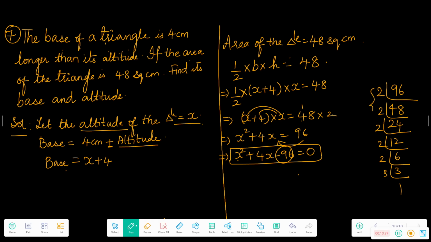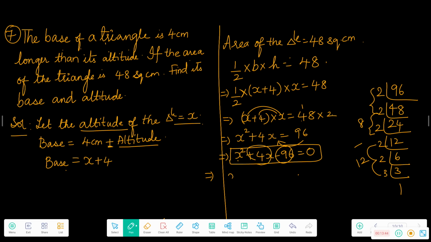So 2 times 2 times 2 is 8, and 3 times 2 times 2 is 12. So this is 8 and this is 12, and 12 minus 8 will give you the middle term 4x.